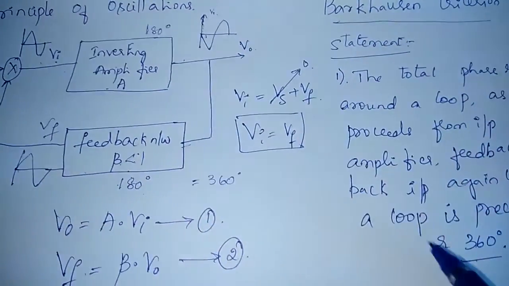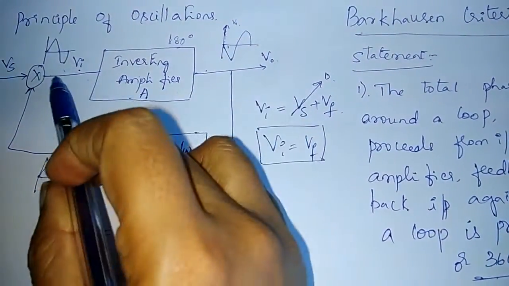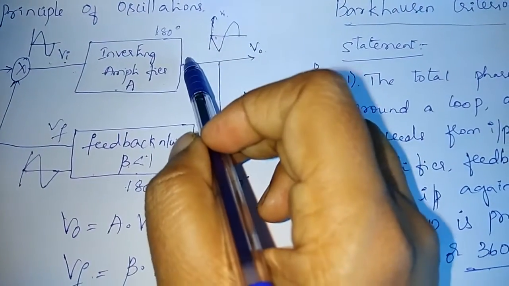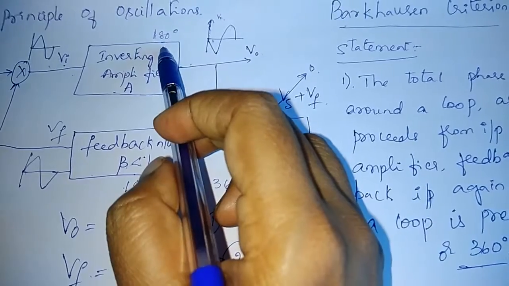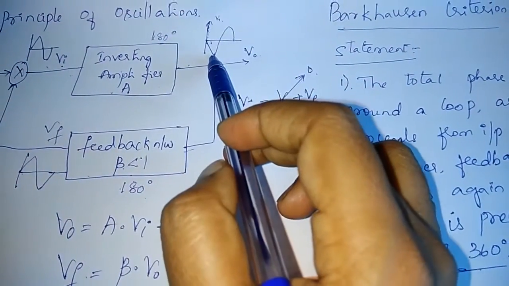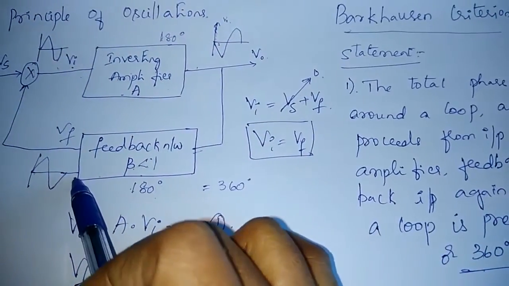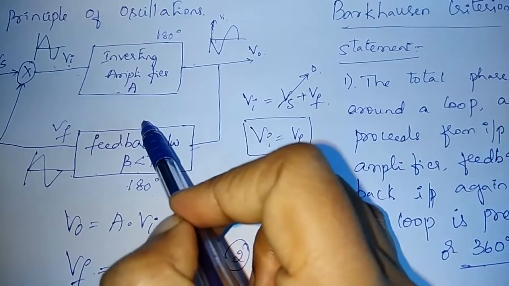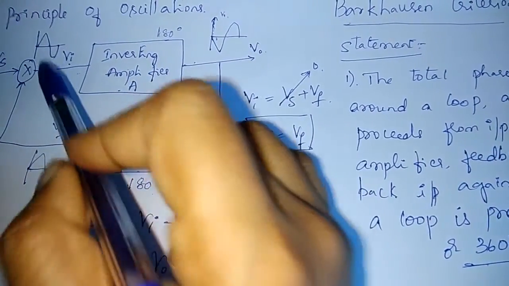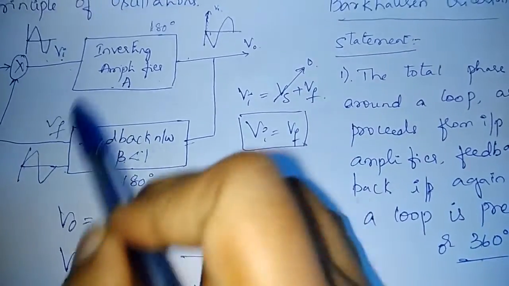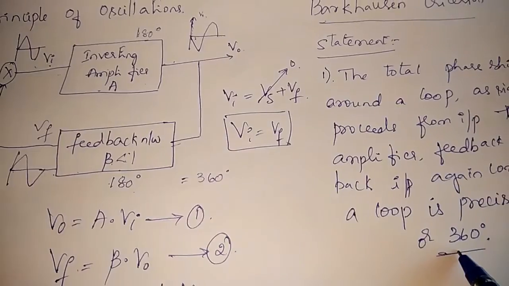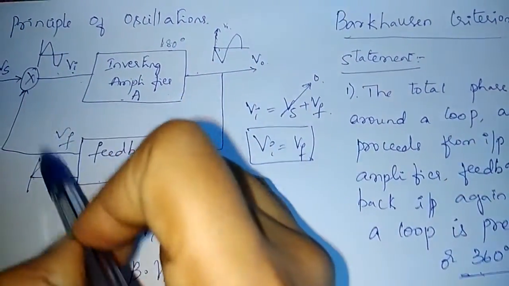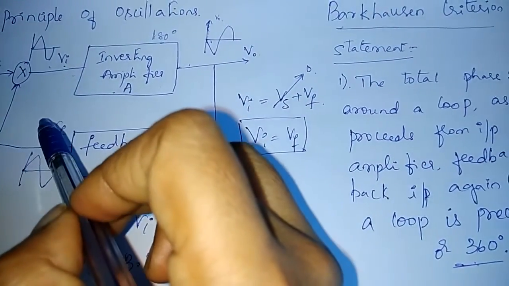Why 360 degree? Whatever amount of phase shift it is having here, the same phase shift it should have here. If I take 180 degree from here to here, here again you will not get anything. With any other phase shift, the input and this feedback signal will not be in phase, so that will not give positive feedback.